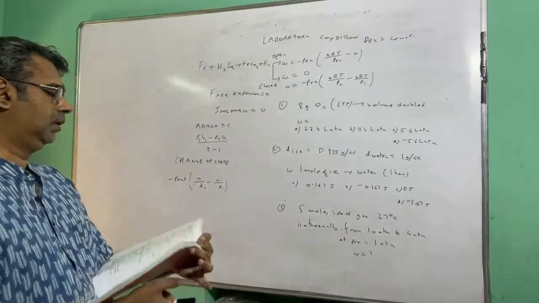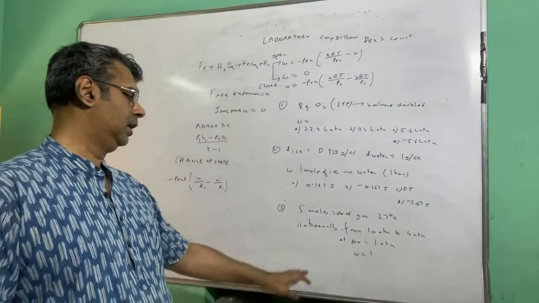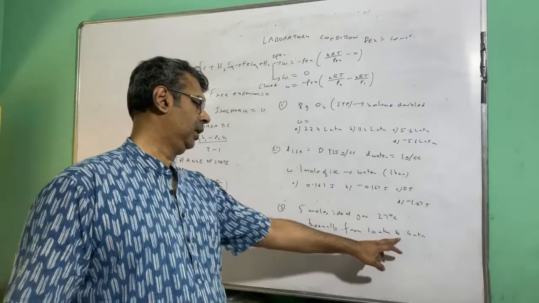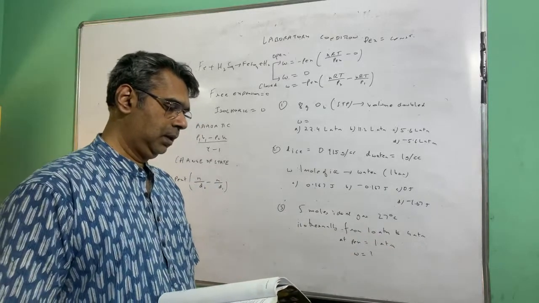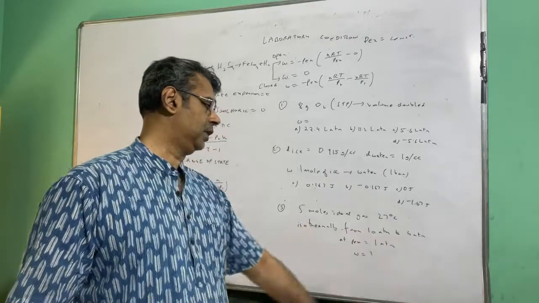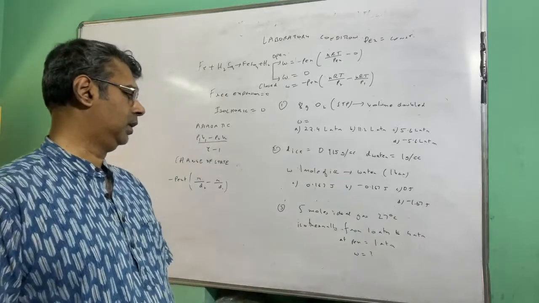Question number 3. 5 moles of an ideal gas at 27 degrees Celsius is isothermally expanded from 10 atm pressure to 4 atm pressure, keeping external pressure at 1 atm. What is the work done?